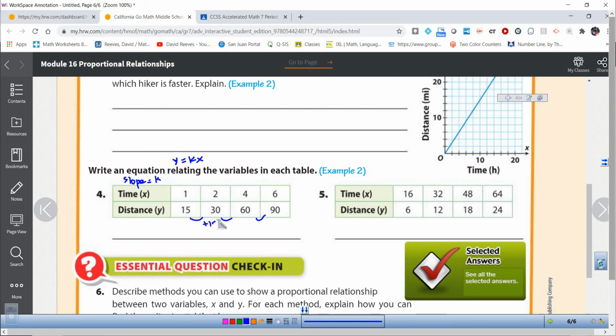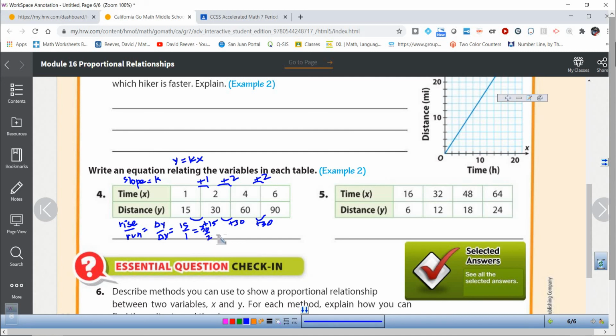This one went up by 15. This one went up by 30. This one went up by 30. This one went up by 1. This one went up by 2. This one went up by 2. Remember, you can use any points you want to. So if I were to do the rise over the run, or the change in y over the change in x, I could either do 15 over 1 if I did that one, or 30 over 2.